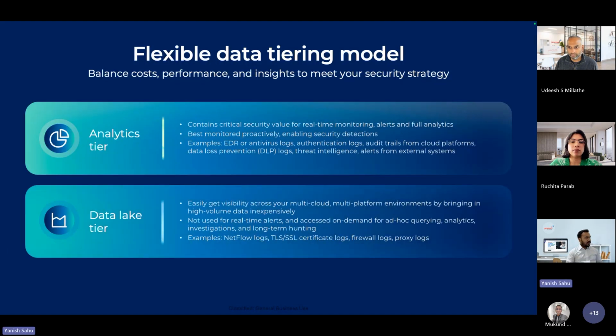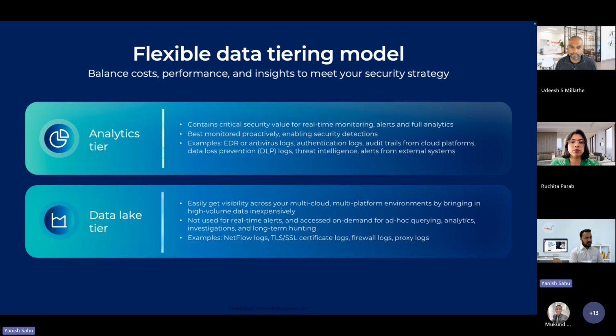So what kind of logs would you want to separate between these tiers? Anything which requires critical or real-time monitoring with supporting analytics should be in the analytics tier. Things such as your EDR and antivirus logs, because that's where the major action happens.